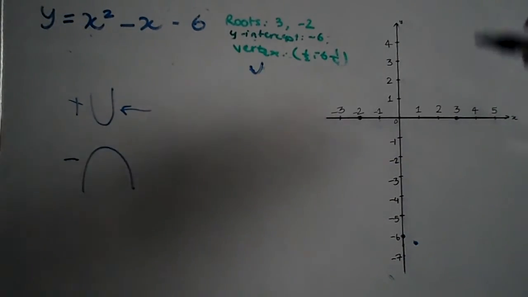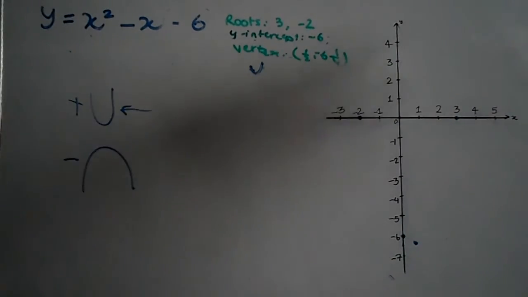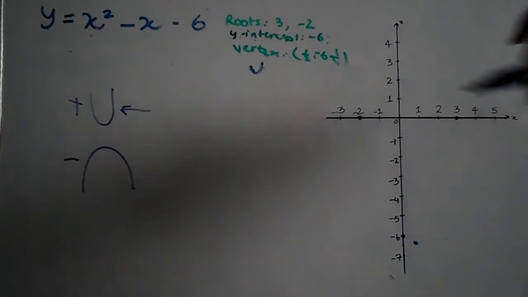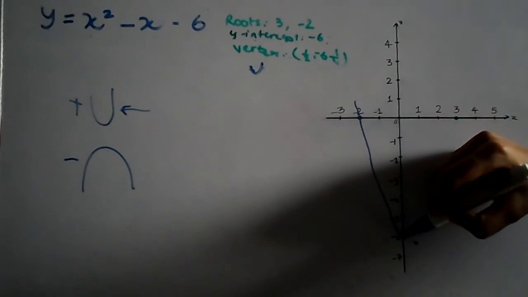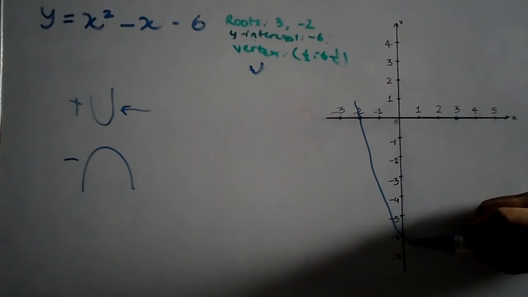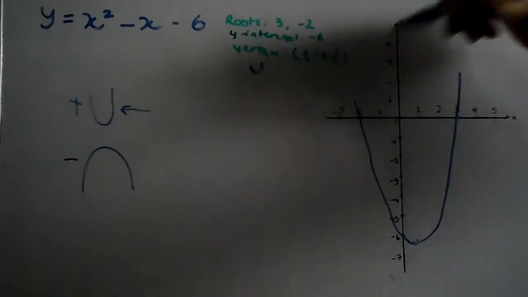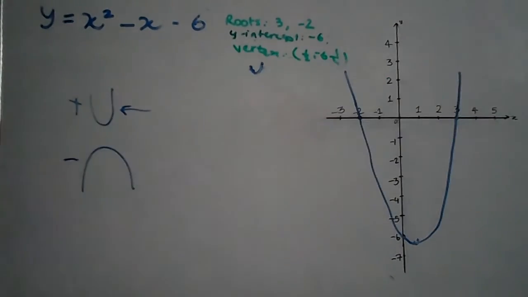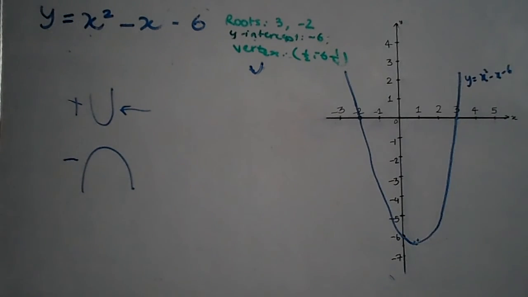So I know most of the elements of my equation. Now all I have to do is connect the points and make it upward facing. So, crossing the x-intercept. Ooh, this is a bit shaky, my bad. Et voila. Isn't that awesome? This is our graph. This is y is equal to x squared minus x minus 6.